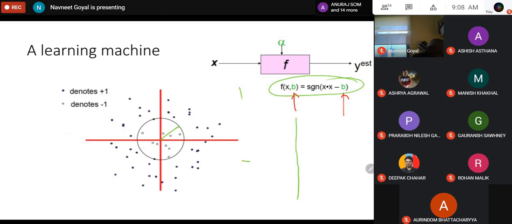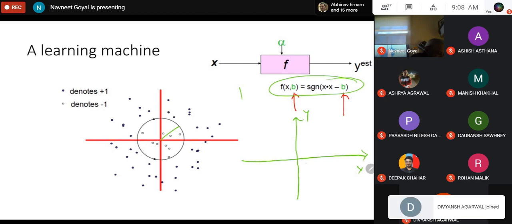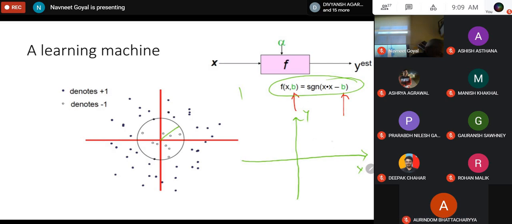Suppose this is my y-axis, this is my x-axis, and I have points. Let me draw a circle first. This is a circle of radius b centered at this point, which is, say, (3, 0).